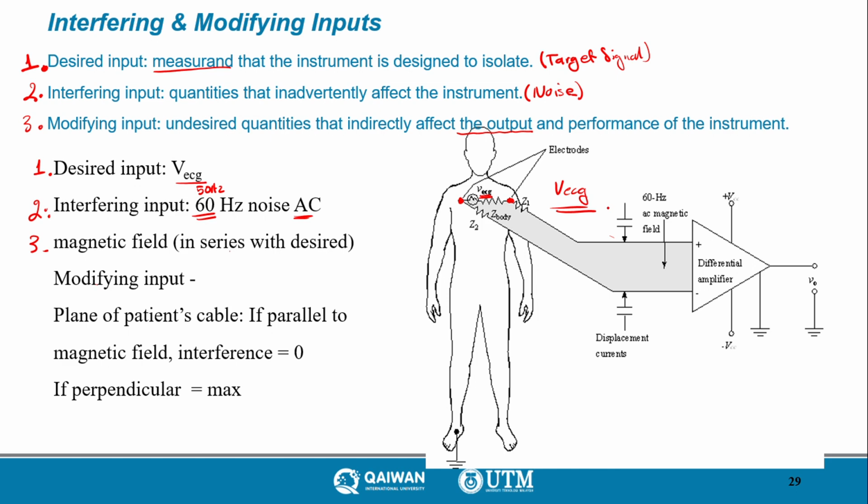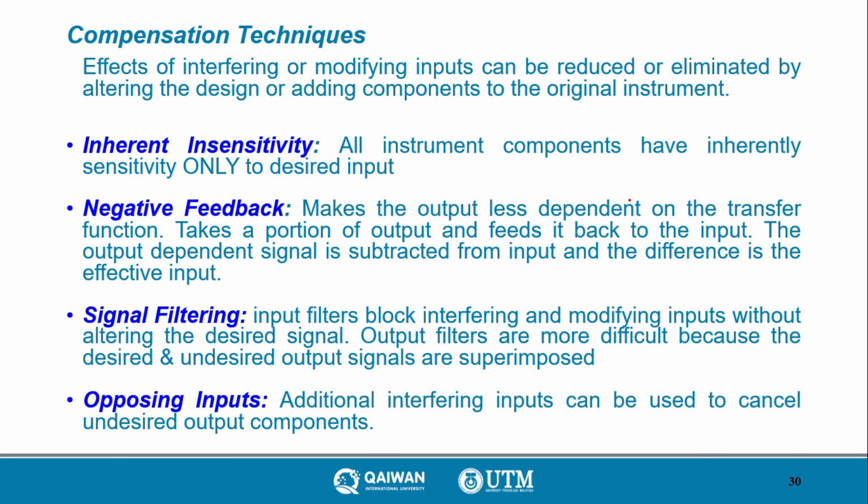This can be reduced by using several techniques, and they will be covered in detail in the upcoming chapters. So the effects of interfering or modifying inputs can be reduced or eliminated by altering the design or adding components to the original system.